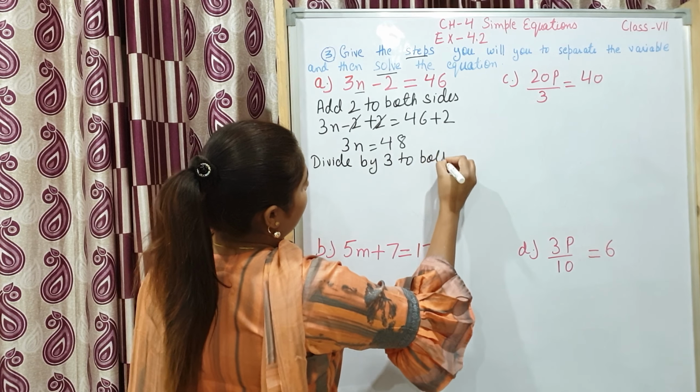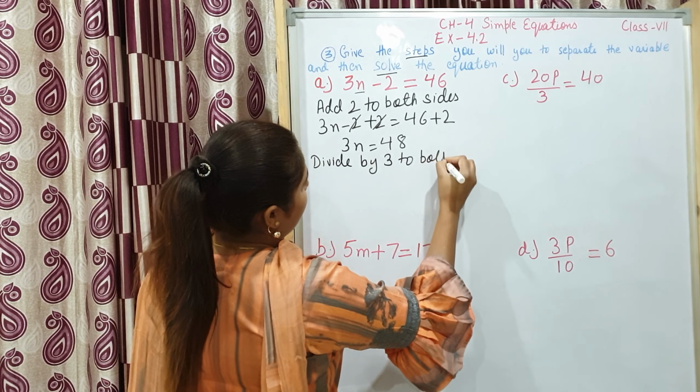E part, 3P upon 4. 4 is dividing. We will do multiply. Multiply by 4 to both sides. Now 3P upon 4 multiply with 4.